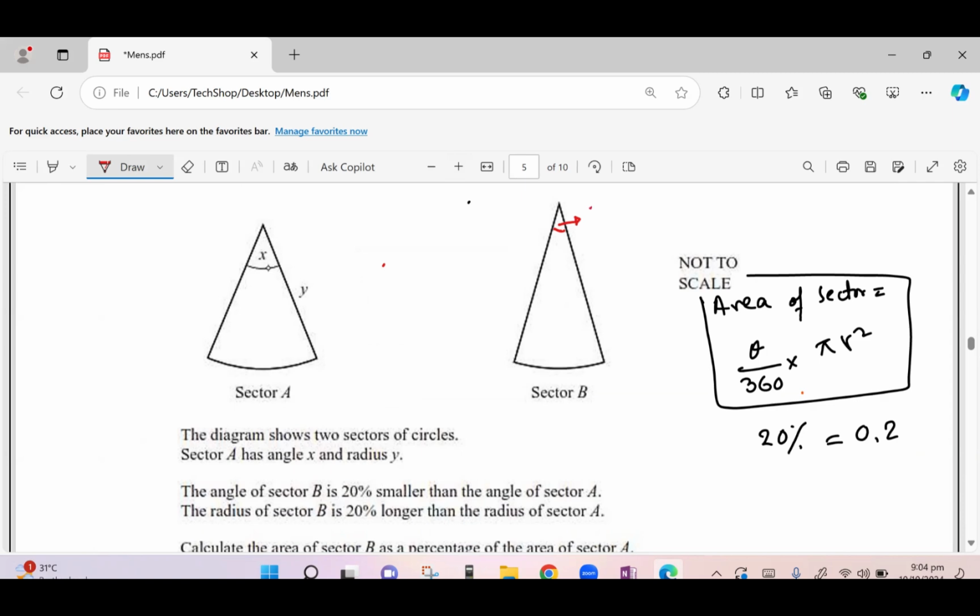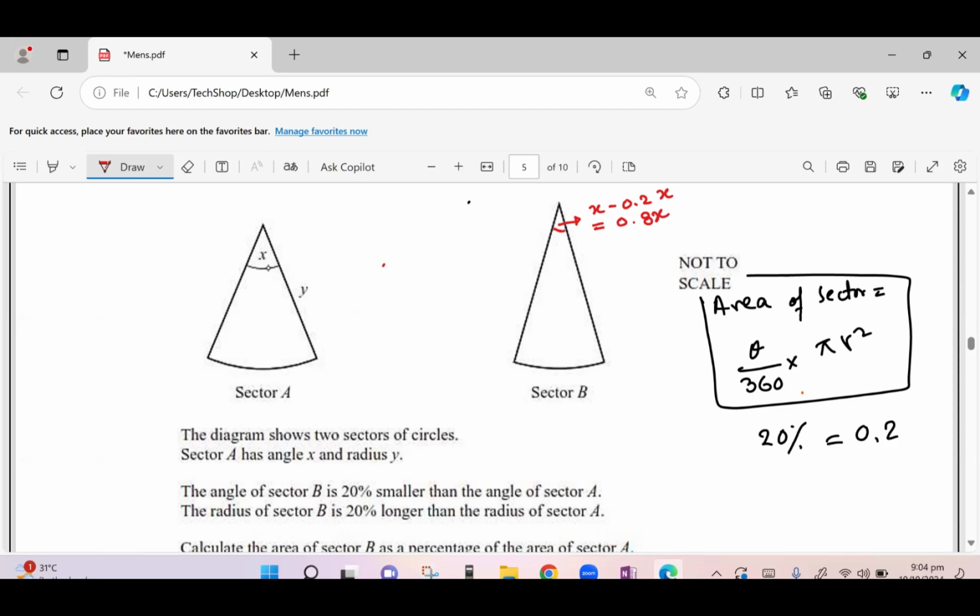So we can write x minus 20% of x, which after subtracting will be 0.8x degrees.